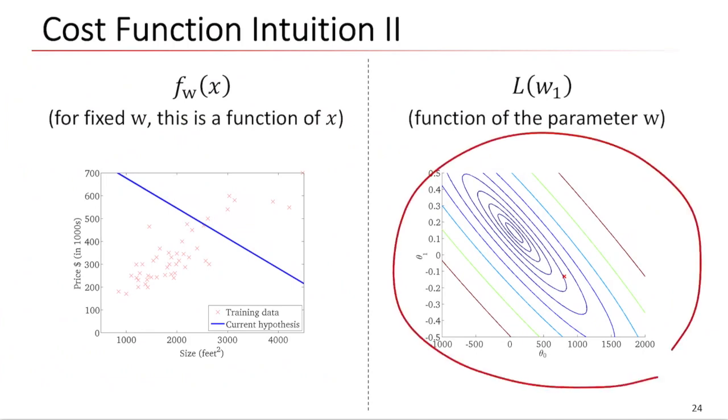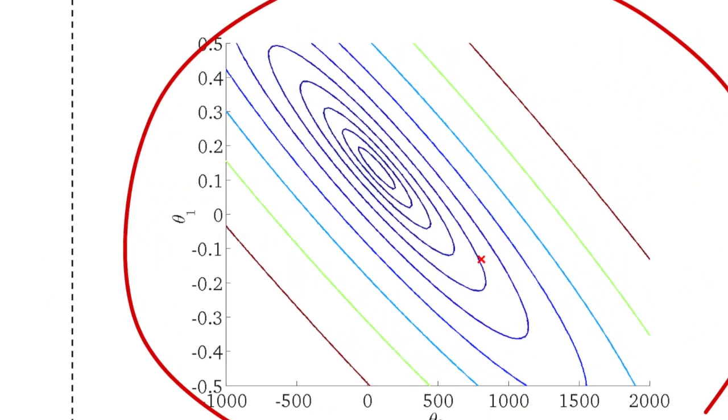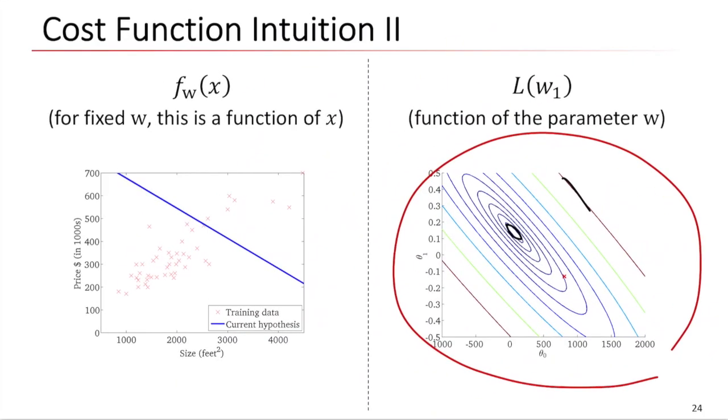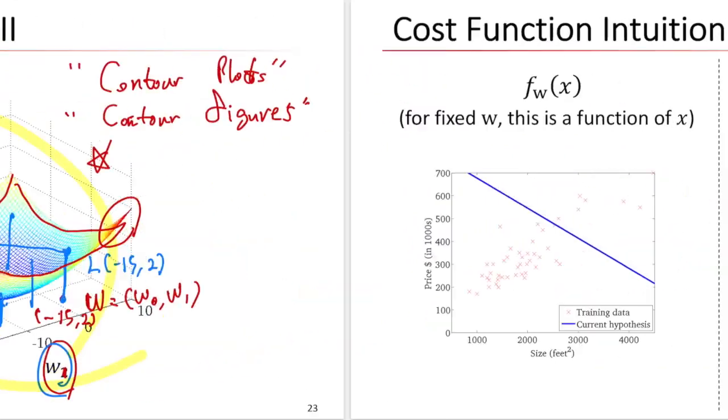You can see the ellipsoids, the circles like this, with different colors. These different colors have a similar meaning as in the 3D space.